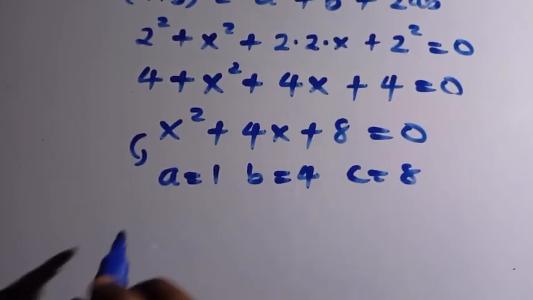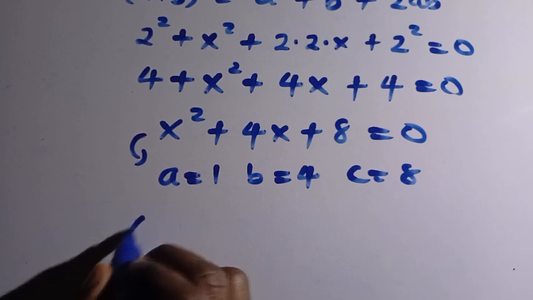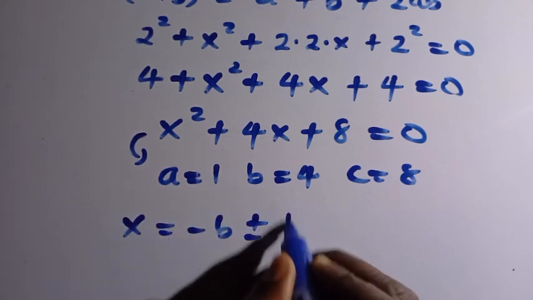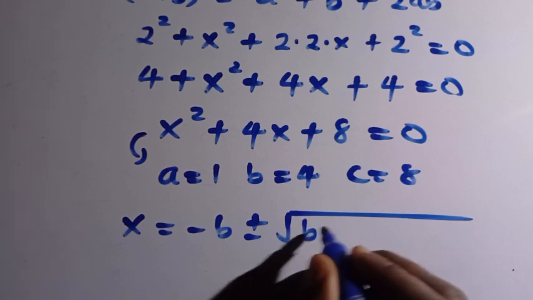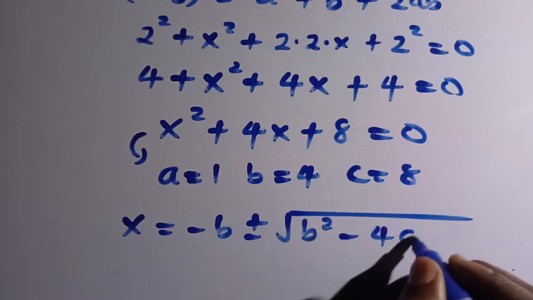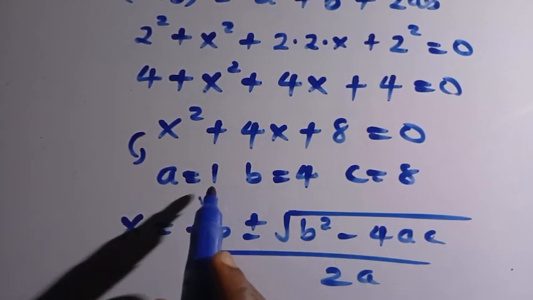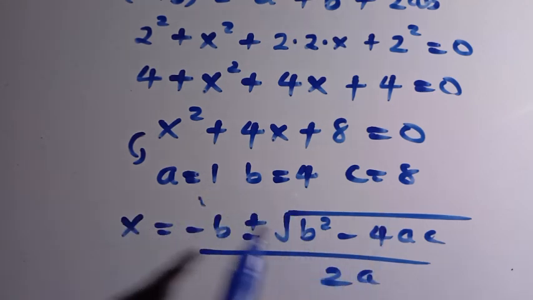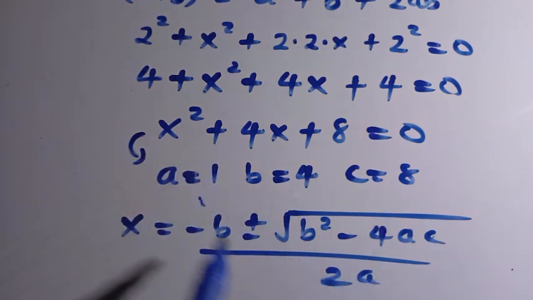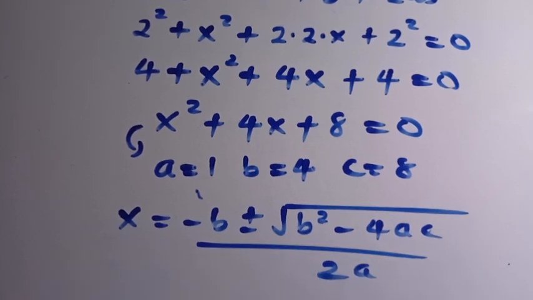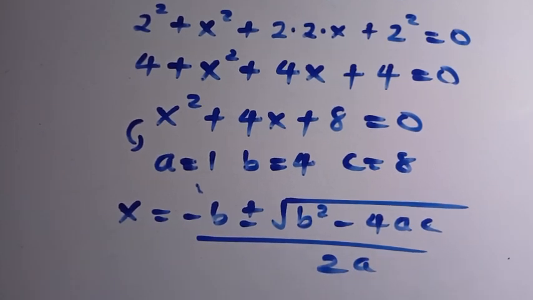It means that we are going to substitute this in the quadratic formula, which is x equals minus b plus or minus the square root of b squared minus 4ac, divided by 2a. Then we introduce all these parameters into this to get the value of x. So let's try and do that.